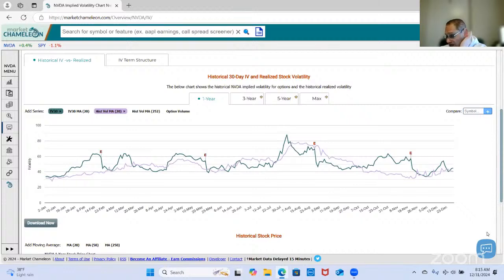But we could smooth it out a little bit more. What if we took a longer term volatility instead? What about the 1-year vol? So if we smoothed out the average for 1 year, because volatility is considered a mean reverting statistic. So what if we looked at a 1-year volatility?